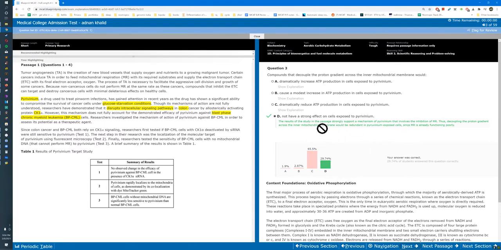Okay, so what type of effect would it have? Dramatically increase, dramatically reduce?